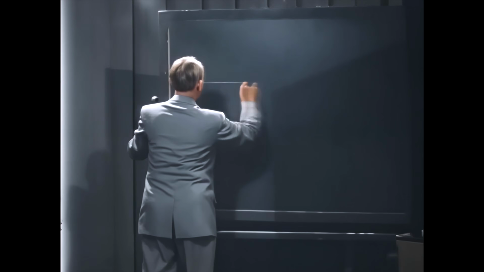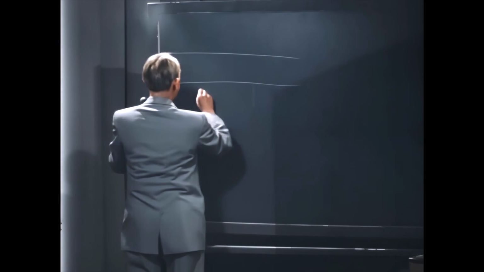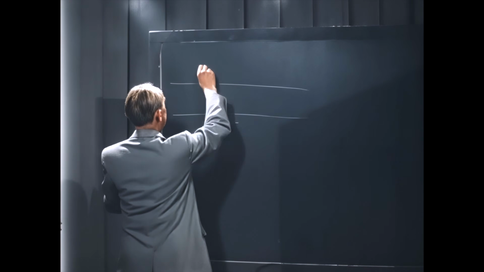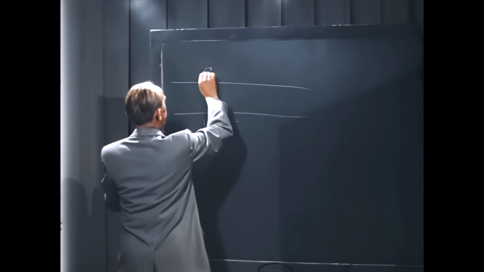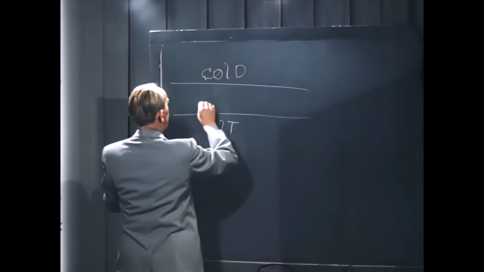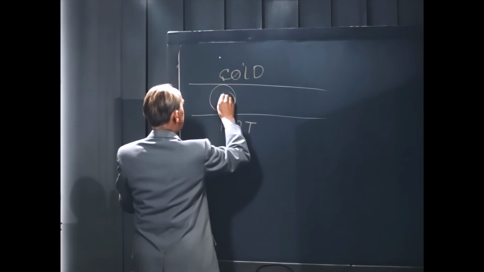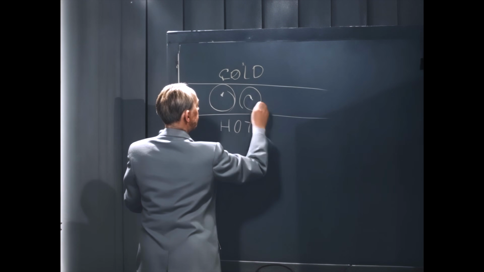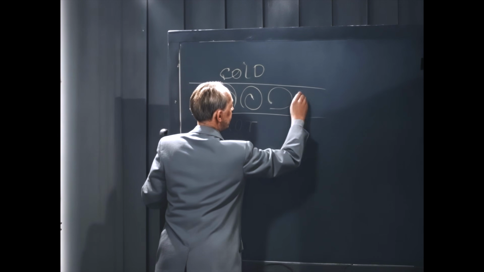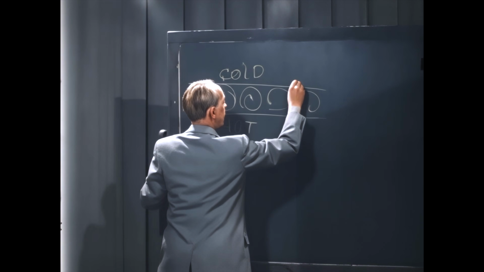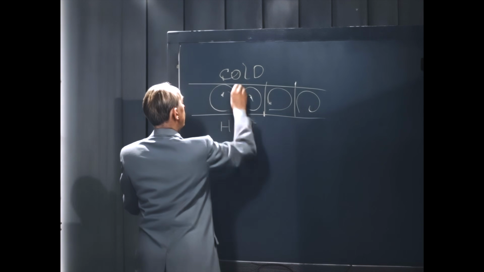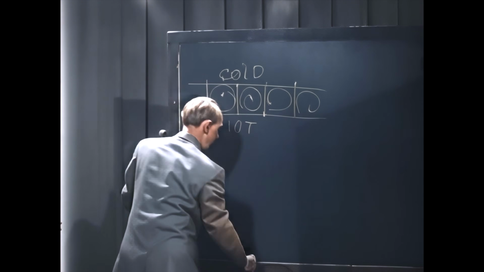There we have the hot plate. It's hot. That's cold. And there we have counter-rotating vortices. So the air goes here up, there down, here up, and there down.